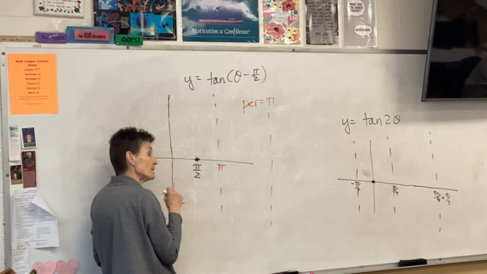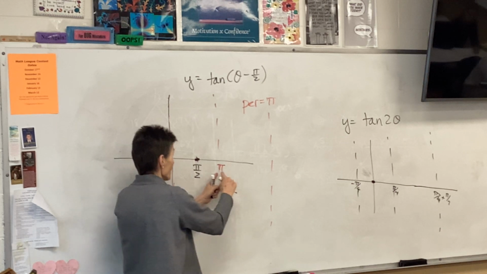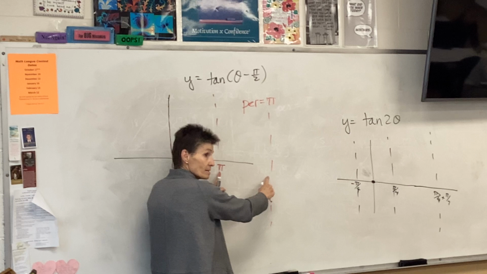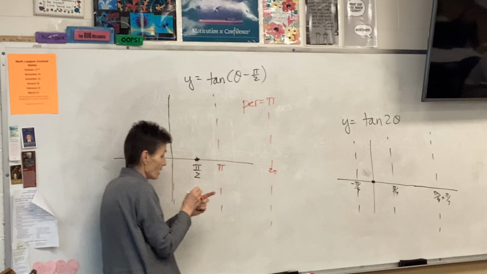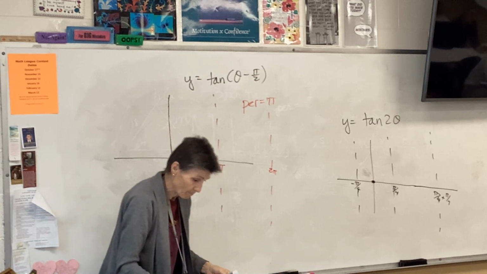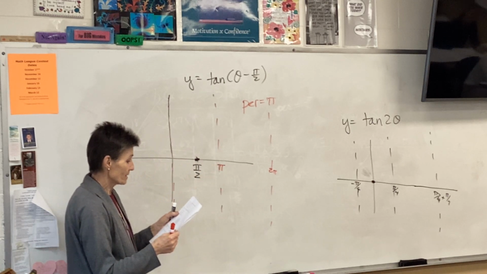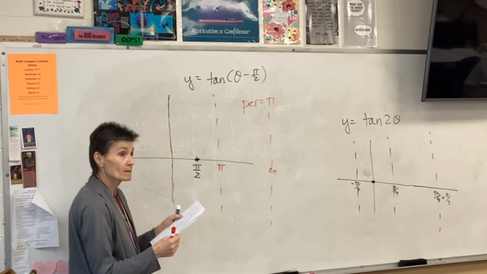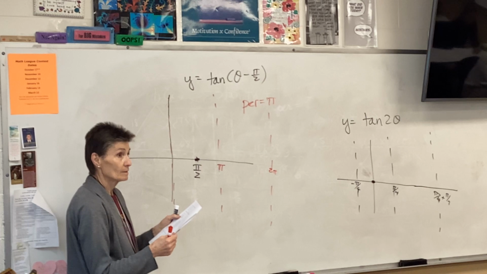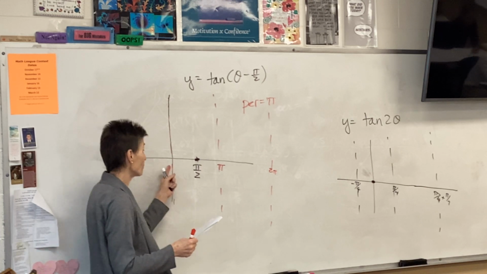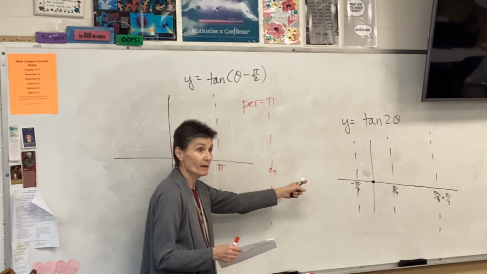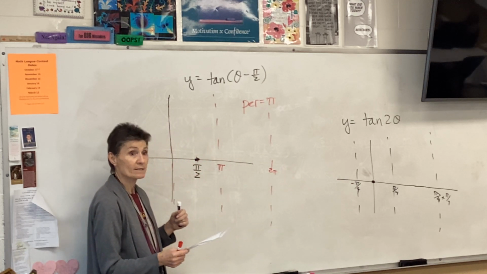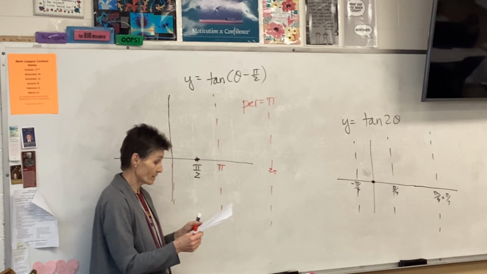If the period is pi, then won't I just add pi to this? And so on. All right, so which of those things describes what's happening? 0 pi, 1 pi, 2 pi, 3 pi. Starting at 0 and adding pi, so it's C.